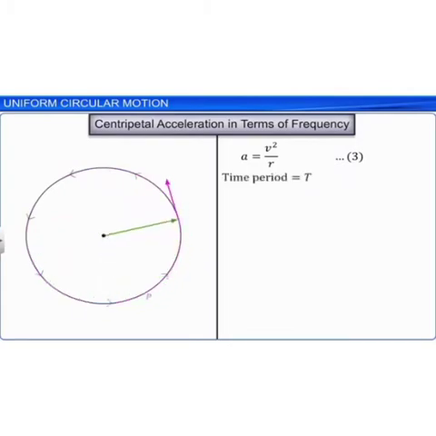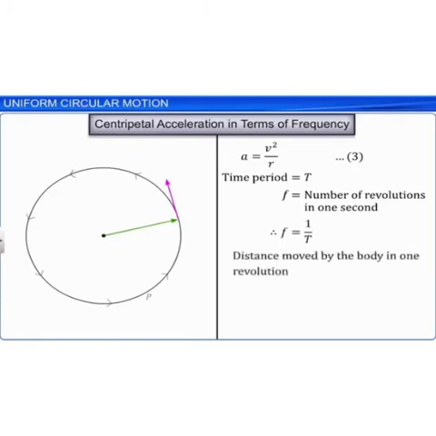V is equal to 2 pi r by T. On substitution, we get V is equal to 2 pi rf. Omega is equal to 2 pi f. Substituting the values in equation 3, we get AC is equal to 4 pi square f square into r.